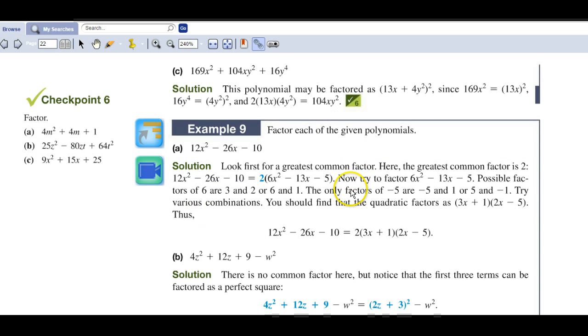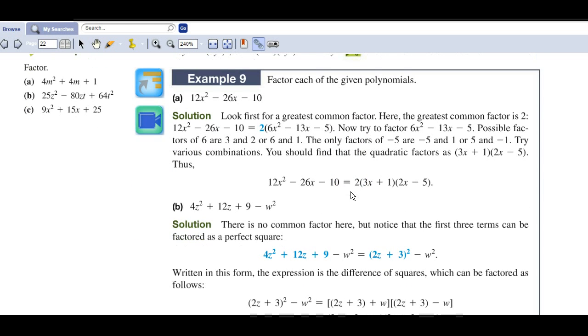So now they're asking us for a little mixed practice. Let's see what we can do with example 9. And again, I'm showing you the techniques here. As we look at this next one, we're wondering if we can factor that. So let's write it up over here. 12x squared minus 26x minus 10.